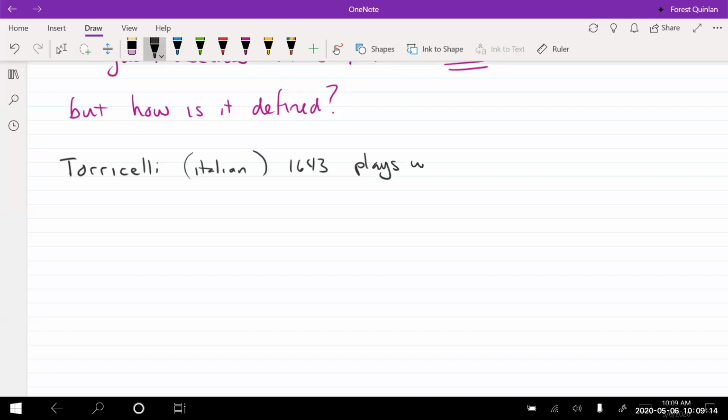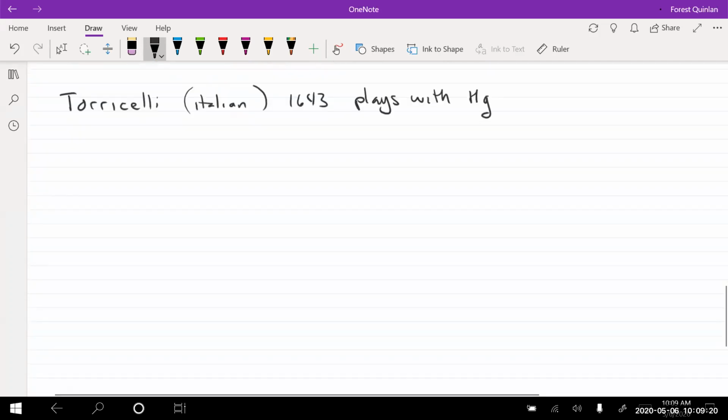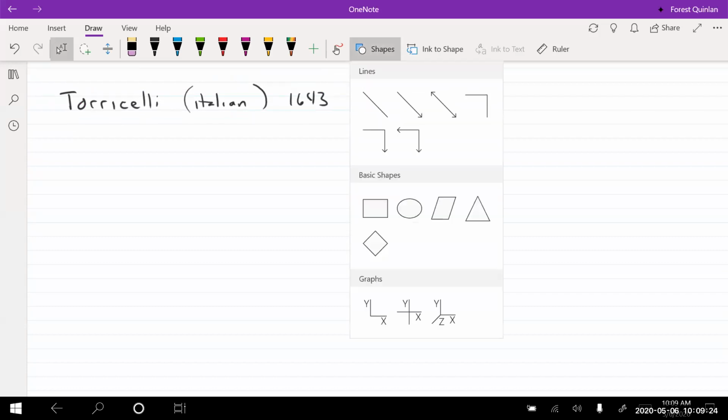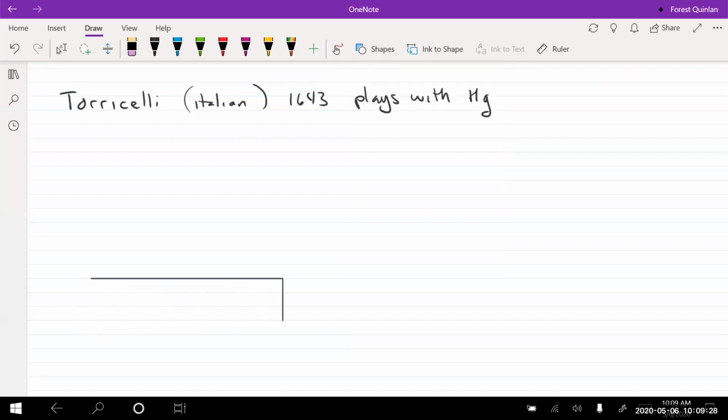He plays with mercury. Specifically, what he does is he takes, I might be able to do a cool shape here, hold on. I'll just draw it. He takes a big pool of mercury.